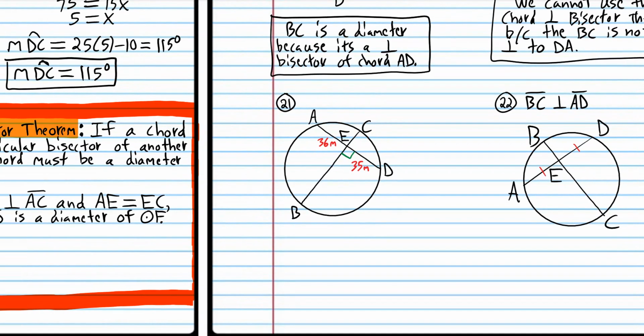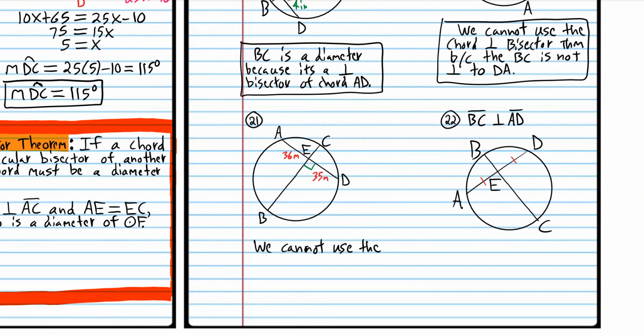So we cannot use the chord perpendicular bisector theorem because BC, I don't know why I put an extra article in there, sorry about that. In that problem up there I wrote the BC, which doesn't make much sense.